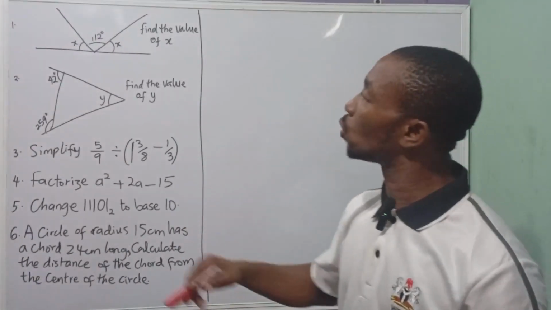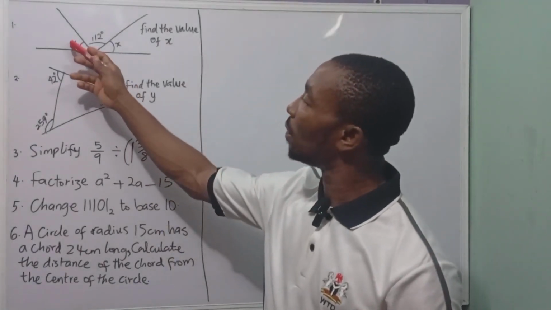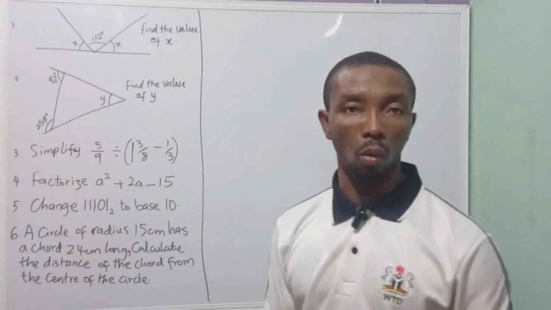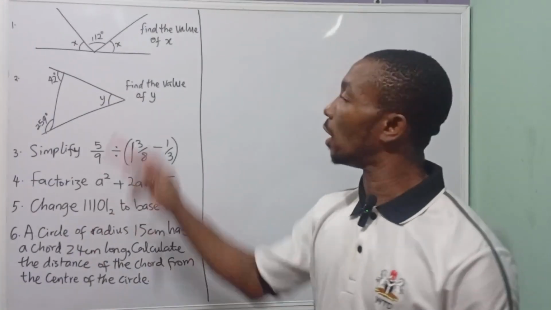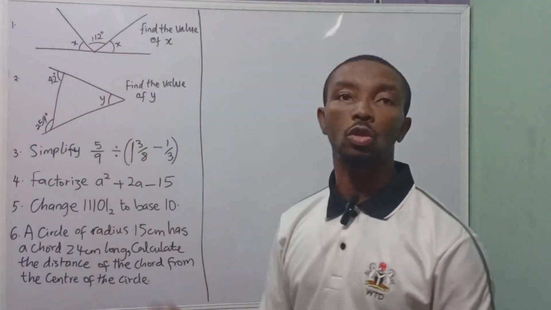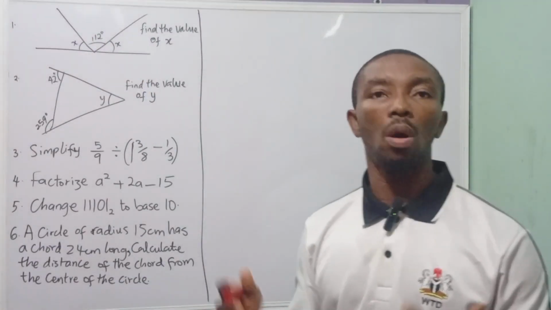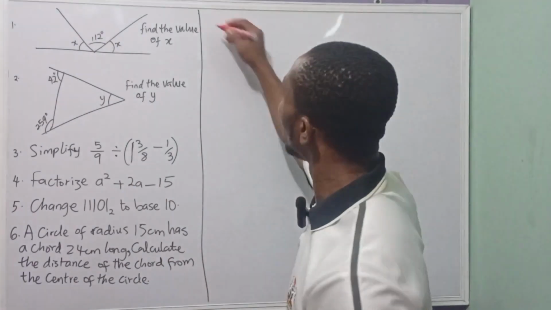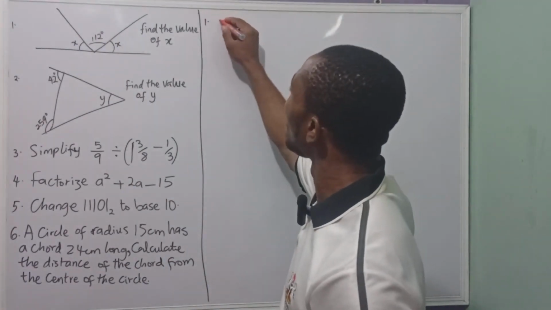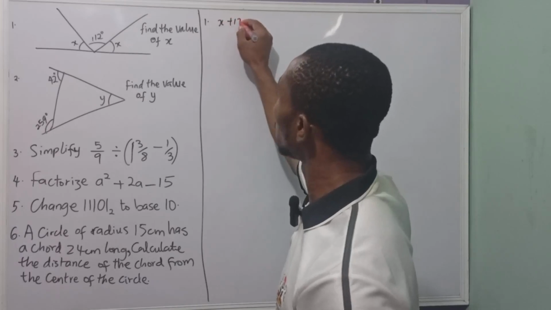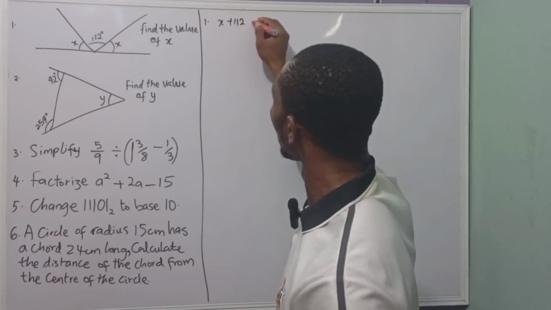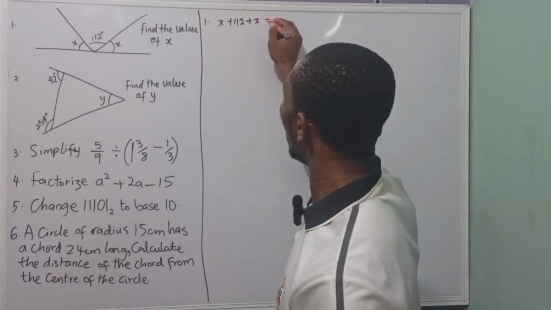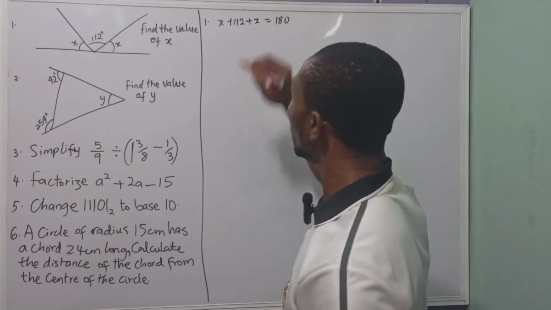Since we've been told from our diagram that these two angles are equal, all we need to do is sum those three angles together to get 180. So this would be x plus 112 plus x equals 180 degrees.